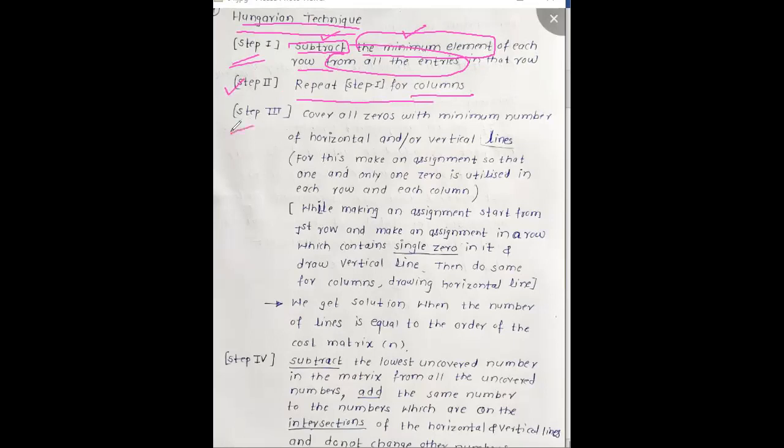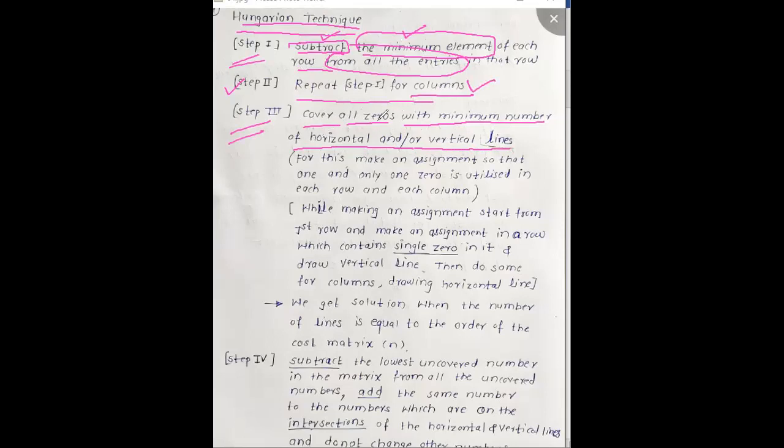Then step number 3: cover all zeros with the minimum number of horizontal and vertical lines, or a combination of horizontal and vertical lines. When we subtract the minimum element of each row from all the entries in that row, you will get zeros. Similarly, we perform the same procedure for columns. So subtraction will give you zeros.